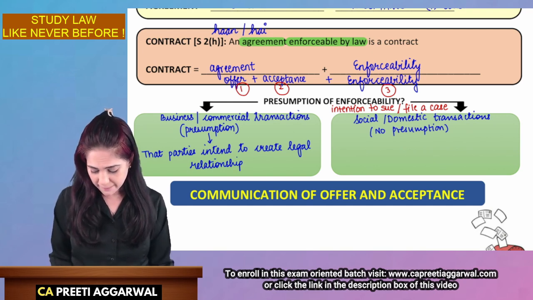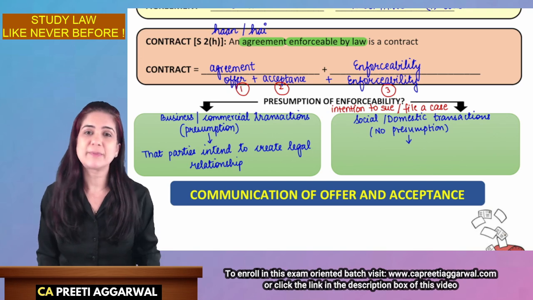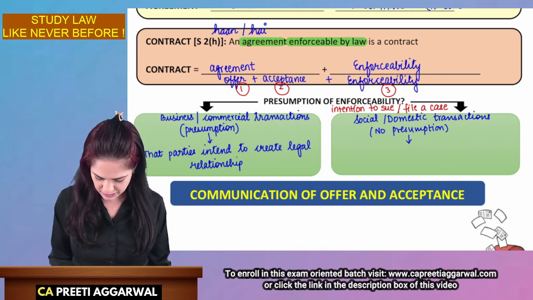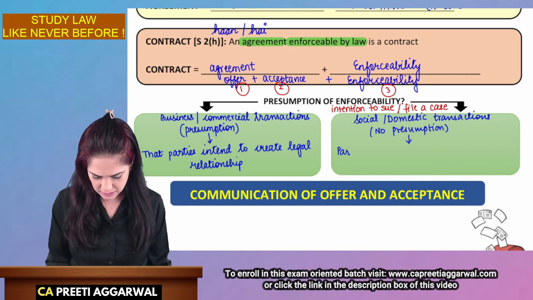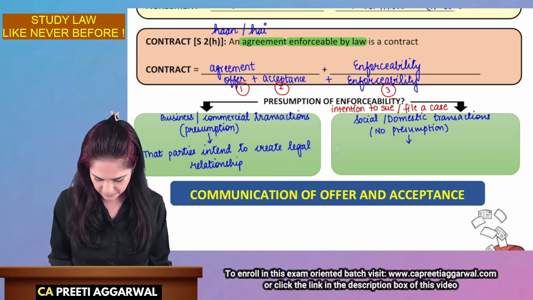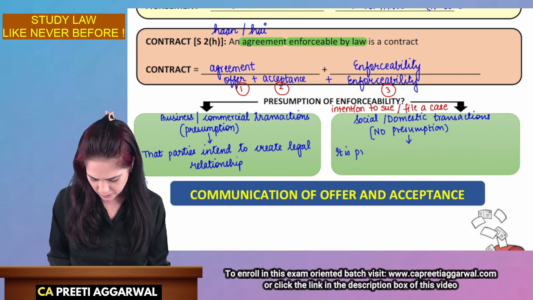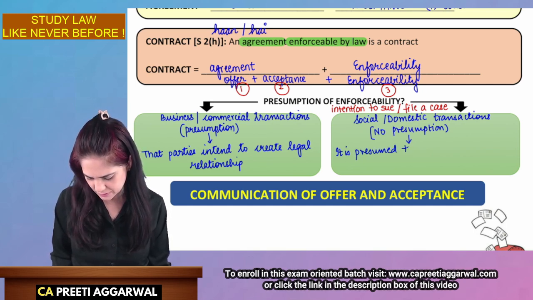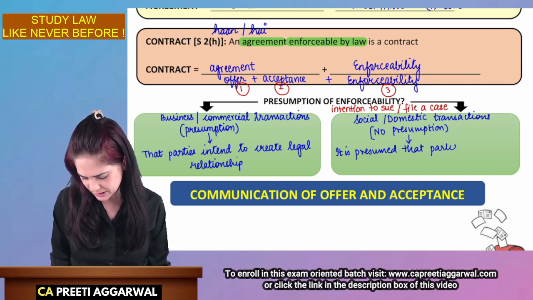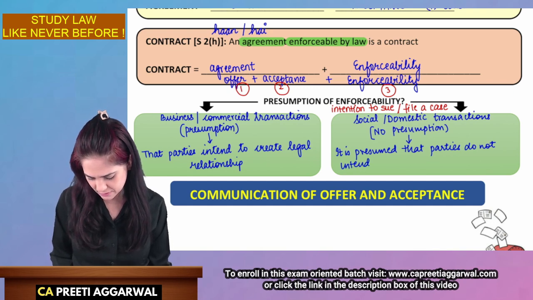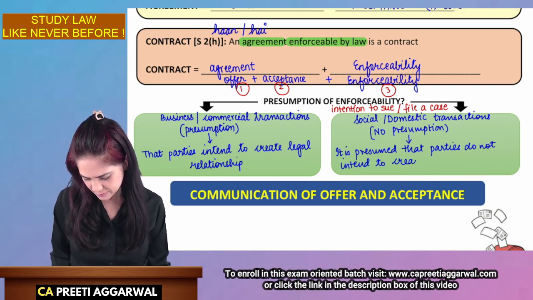But in case of social or domestic, there is no presumption. Okay, it is presumed that parties do not intend to create legal relationship.